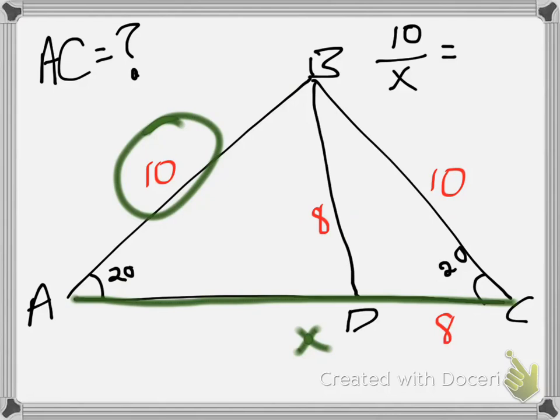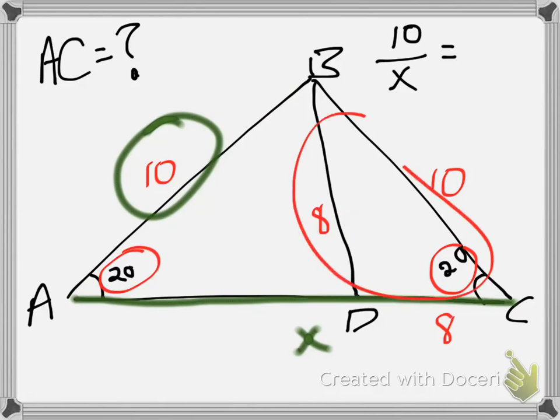Now I've got to look at the smaller triangle and figure out what the corresponding sides are. Well, let's look at it. Here's the 20 right here, and here's this 20. So that means those angles are the same. So that's like if I took this triangle right here and moved it and flipped it over here. It's kind of hard to say. So I'm going to redraw this triangle right here. Okay?